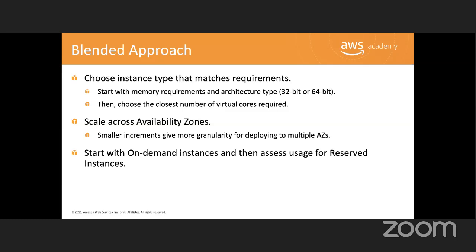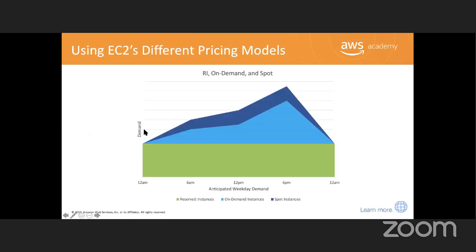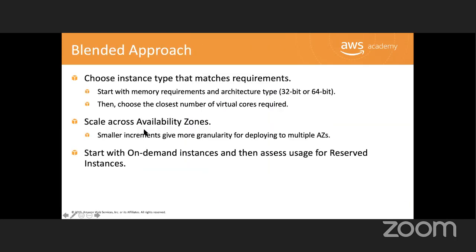Scaling across availability zones, right? It's this part here, right? In smaller increments, it gives you more granularity for deploying to multiple AZs, right? So the more availability zones you have, the more flexible and highly available your application will be.